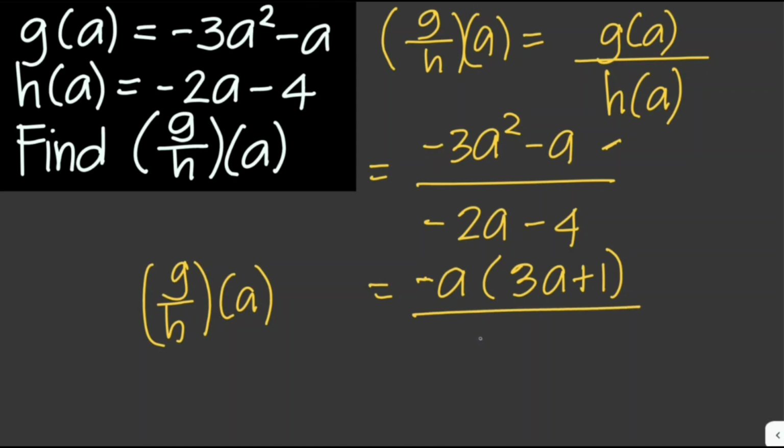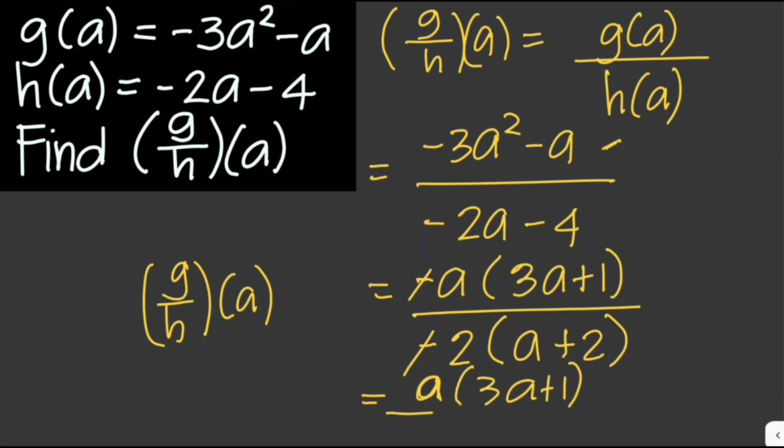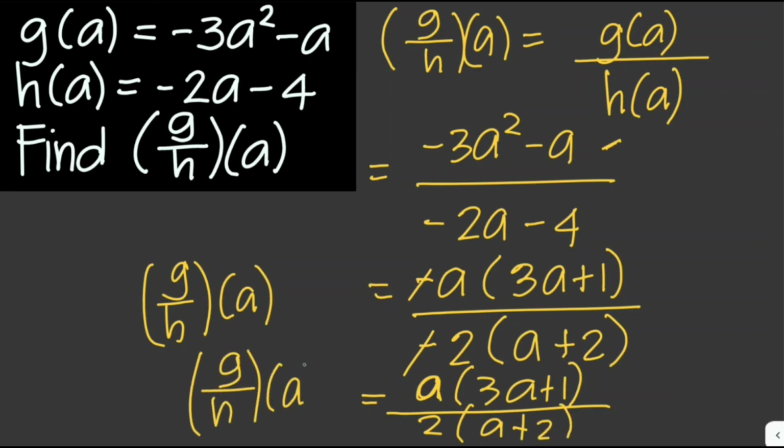Then for our denominator, we can factor out negative 2. So this is just negative 2 times a plus 2. And then we can cancel out the negatives here. Then we're left with a times 3a plus 1 over 2 times a plus 2. So this is our g over h of a.